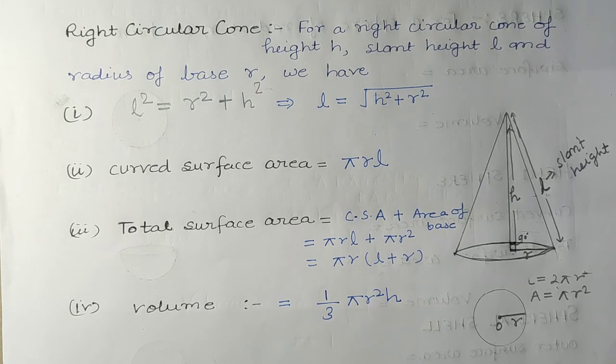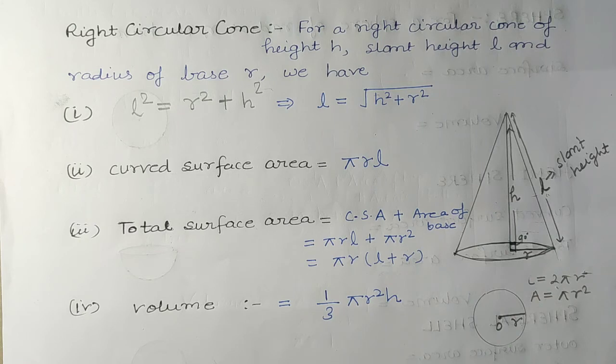By observing many experiments, it is found that when you add 3 cones, you get the volume of a cylinder of the same radius and same height.